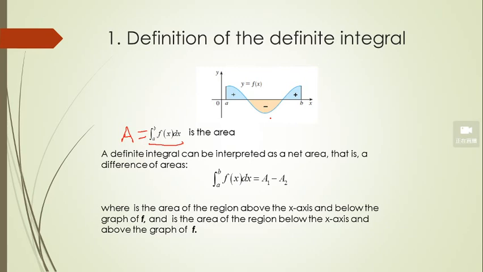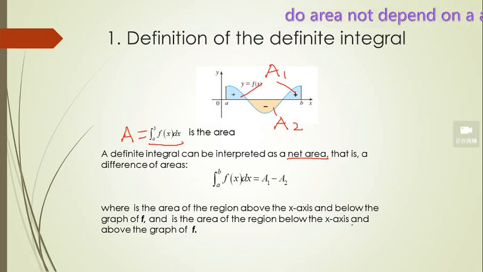This is when f(x) can be negative sometimes. So the definite integral here can be the sum of those three areas. If I say the two plus areas are A1 and this part is A2, then this definite integral means A1 minus A2, and it's called the net area, okay?